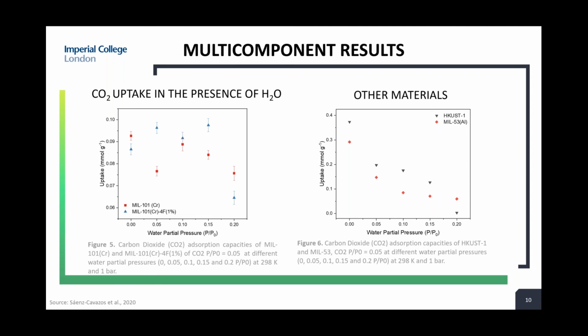For the non-modified MIL 101, you can see that the presence of water is completely detrimental. The CO2 capacity decreases with increasing amounts of water vapor up to the highest value studied, so the uptake decreased around 18% at a relative humidity of 20% compared to the dry material.